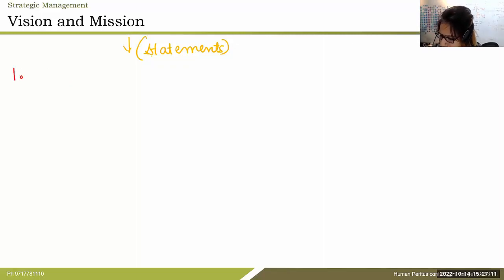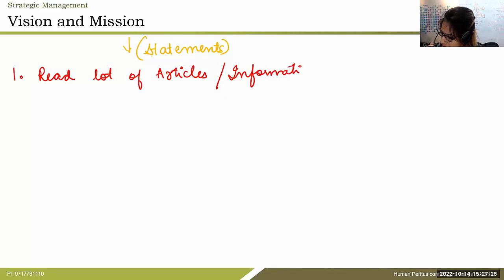So the first step is that you need to read a lot of articles wherein you can have a lot of information, right? And who reads these articles and information? The managers are going to read a lot of articles, information, the background information, as in how a vision works.